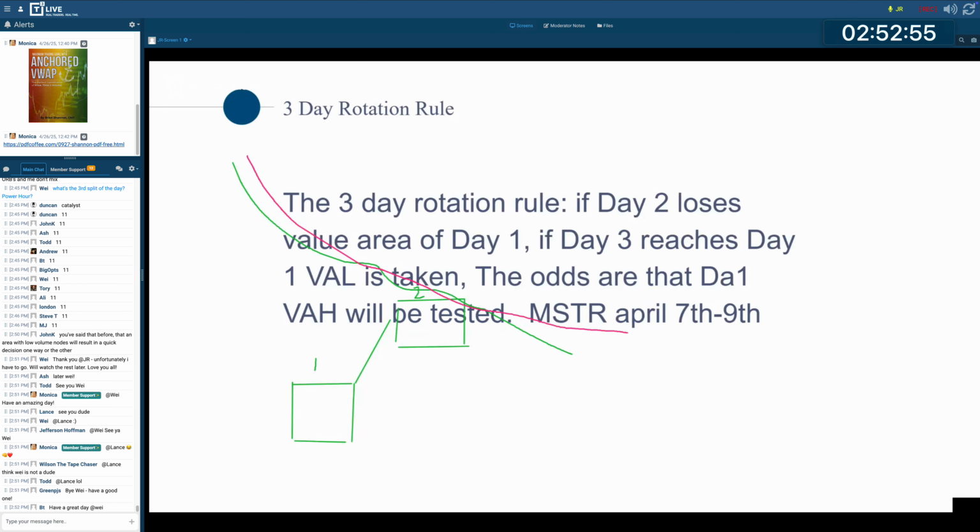That rotation lower usually retraces day one's point of control. You will be shocked. I want you guys in your spare time, if you have nothing better to do, to see how many of these failed day twos will retrace day one's point of control.